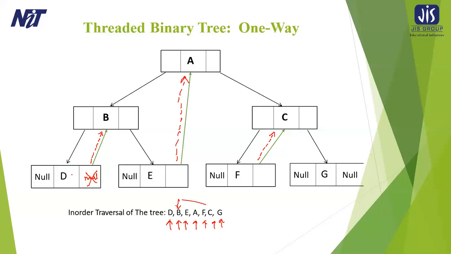But if the null pointer is replaced by a thread to B, we can traverse again to B. Next we come to E, then back to A, then using this address we come to C, then F, then again back to C, then to G. That means we can traverse all the nodes in this way.